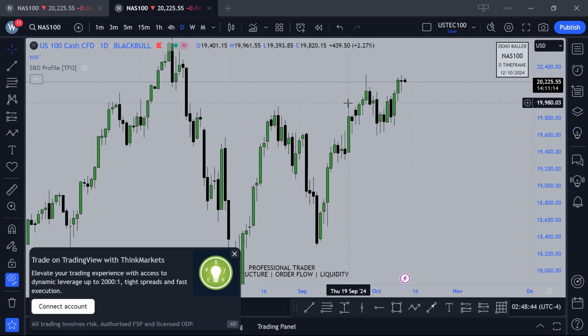Liquidity was stored above this high here, we consolidated, and we ran it. Now liquidity is resting above this high here, which we are possibly going to take out today. We had this pullback here.